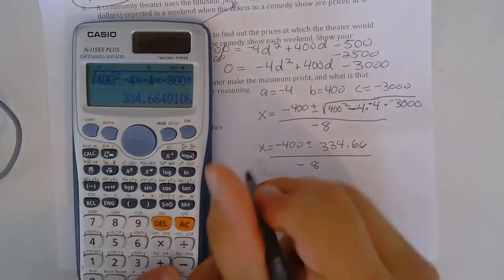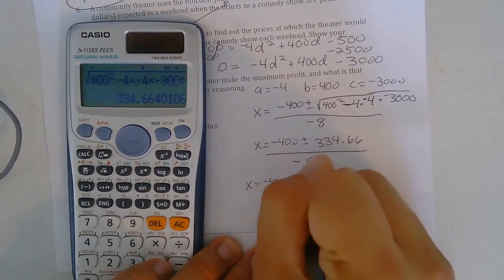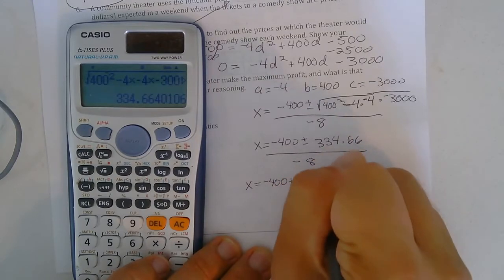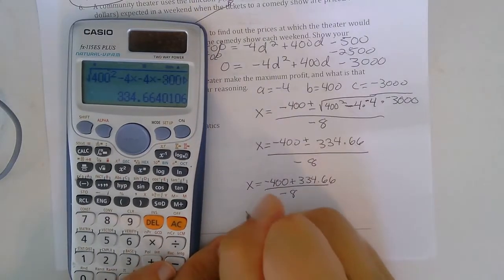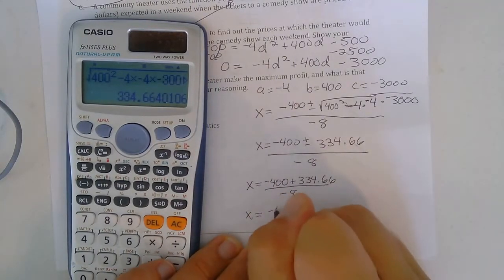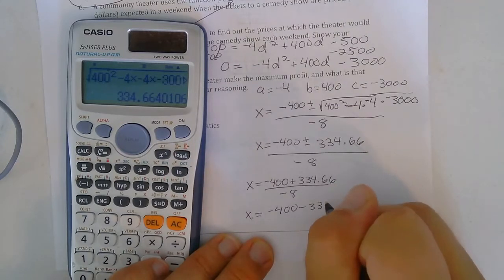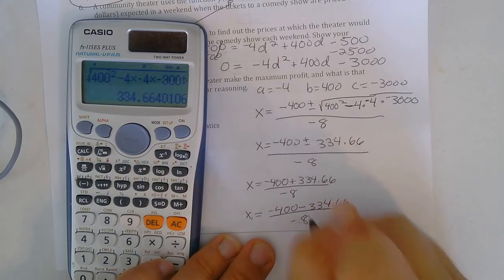So we need to break this up and go x equals negative 400 plus 334.66 all over negative 8. And x equals negative 400 minus 334.66 all over negative 8.